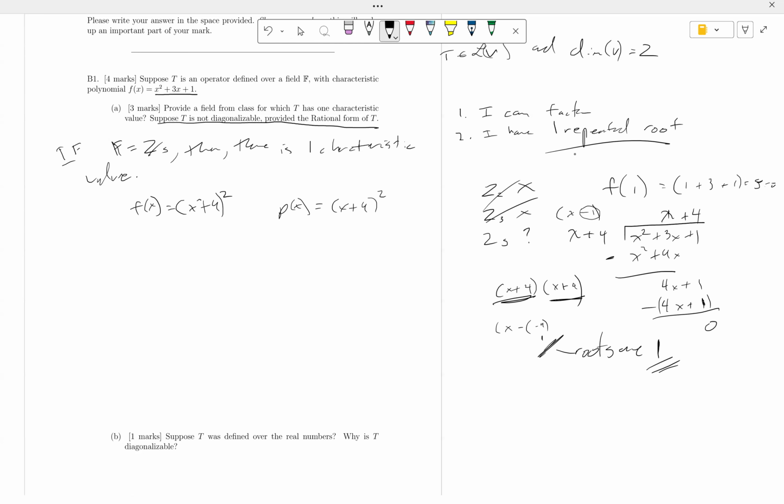Meaning that the rational form is just a single 2 by 2 block matrix with p of x equaling f of x equaling this polynomial. So it's going to be 0, 1, and now the additive inverse of 1 and the additive inverse of 3 coming from these polynomials. But remember, we exist in Z mod 5, so I'm not allowed -1. It has to be the additive inverse of 1, which is 4, and the additive inverse of 3, which is 2. So this is my rational form.